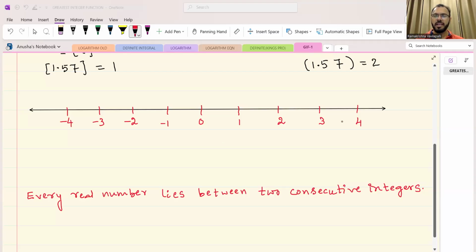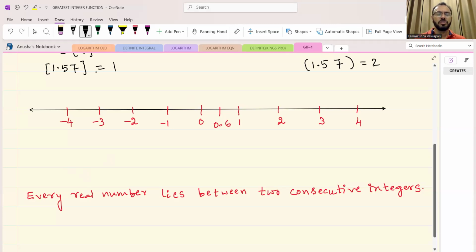See, I have taken a few numbers on a real line. I would like to explain what the integral part of a number is. Very clear. Any real number can be put between two consecutive integers. Suppose you take any number between 0 and 1, let us take 0.6.